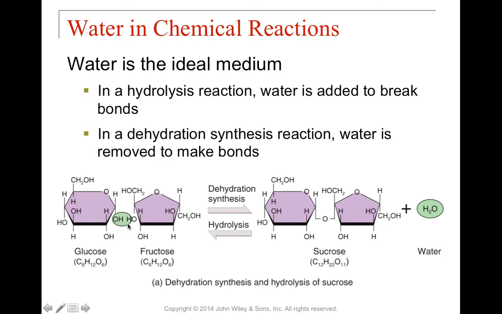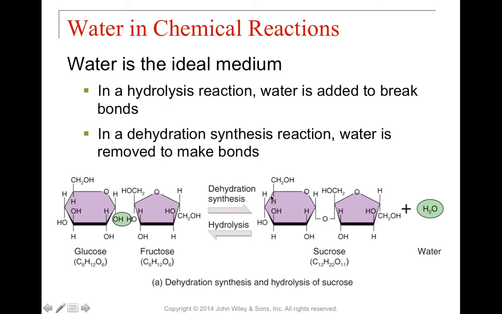When the OH from glucose comes off and the hydrogen from the other OH comes off, that oxygen remains, and we can put this O over here kind of like a matchmaker, and this ends up being sucrose. It also releases water at that point. That's called dehydration synthesis. Why? Because we are removing, or dehydrating, one water molecule off of these two molecules and bonding them together. Now they're left holding hands where this oxygen is, and water is free in solution.